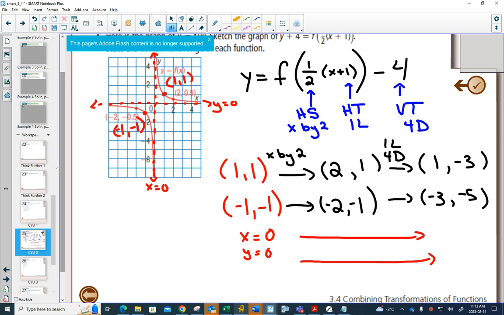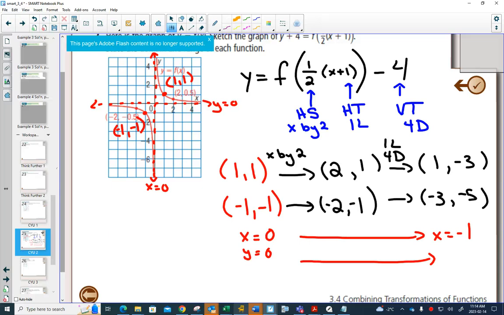Multiplying y by something, if it started at 0, also won't make a difference. The only way that this vertical asymptote is going to change is if you shift it left or right. We are going 1 to the left, so this one that's at 0, if I move it 1 to the left, can you see that it will become minus 1?